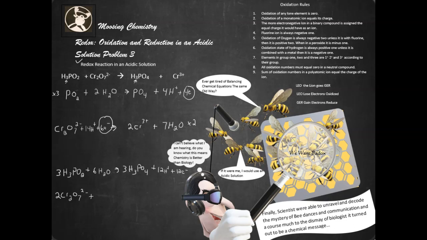So, not a problem. 2 times 14 is 28 hydrogens. Oops. Sorry about that. Plus 12 electrons yields 4Cr3+ plus 14 H2O.